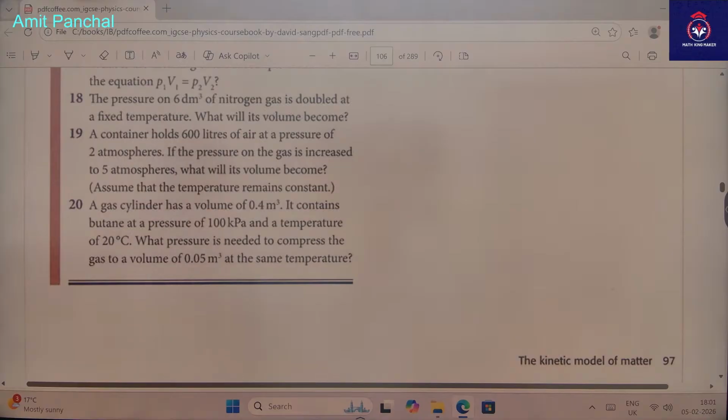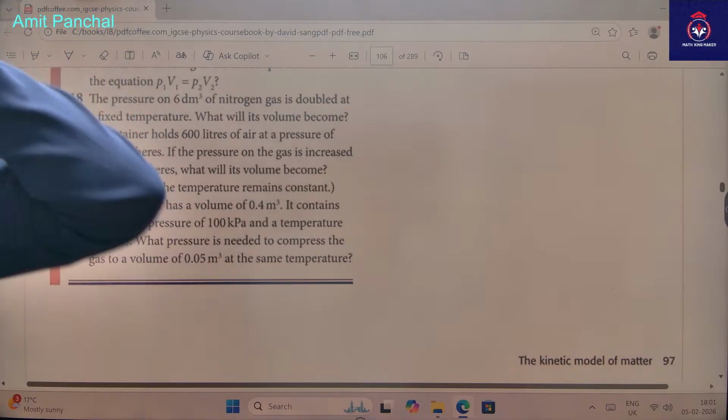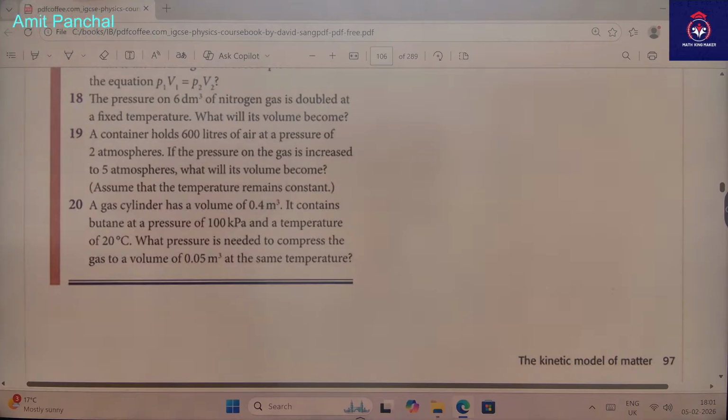Gas in... 0.15 divided by 0.05. Yes, I'm getting 800 kPa.